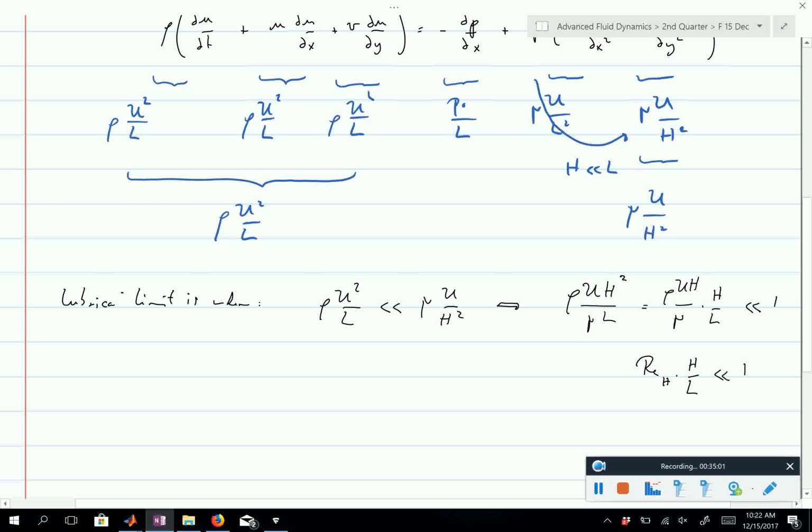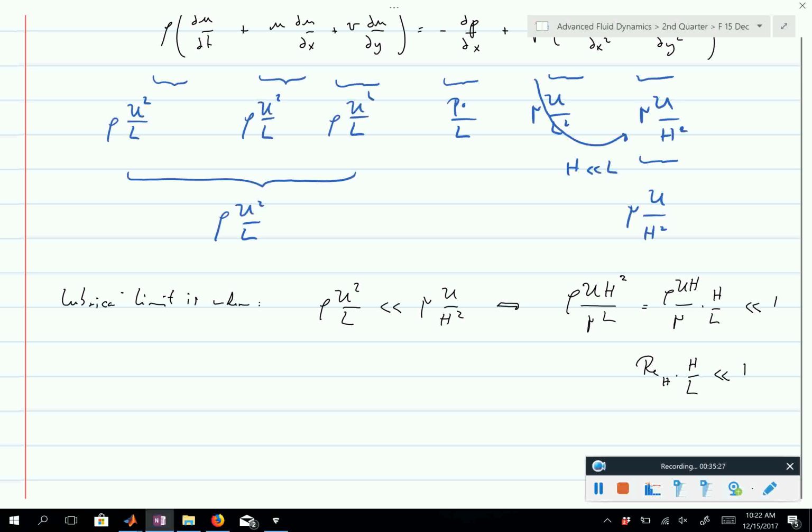And this factor h divided by L is one of the reasons why, even if the viscosity is not very large, and even when all the dimensions seem very small, sometimes you're still in the lubrication limit. So you may have heard of air bearings, right? You have a thin layer of air, and in that thin layer of air you have a lubrication approximation. We'll see that the lubrication approximation for these air bearings will translate to very high pressure.